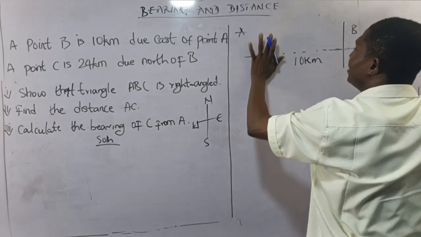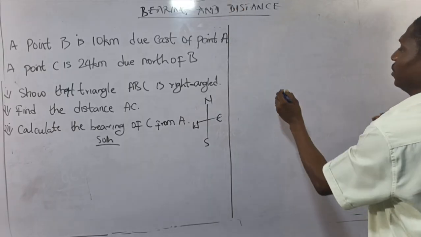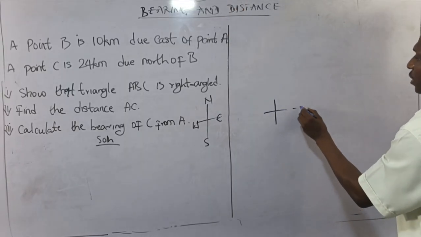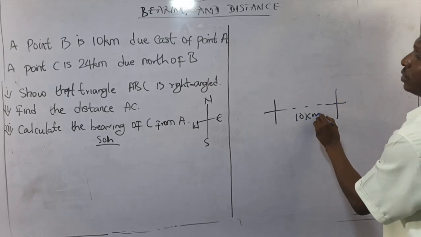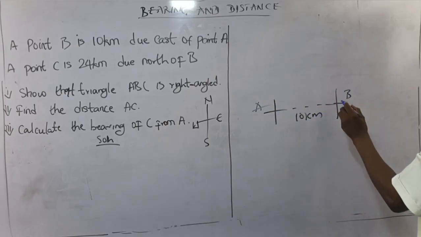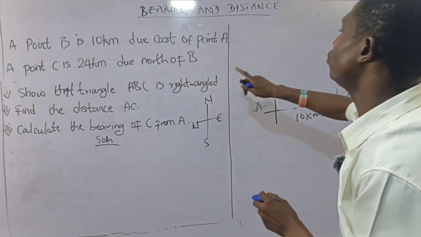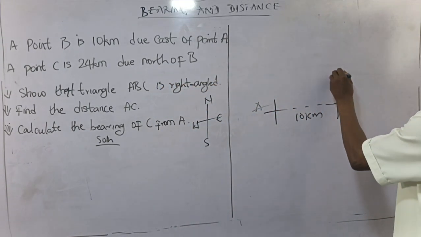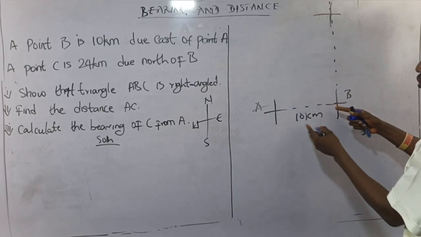So I have to bring this down. This is my A, 10 kilometers. This is my B. And it says a point C is 24 kilometers due north of B. This is the northern direction of B, and 24 is more than twice this.